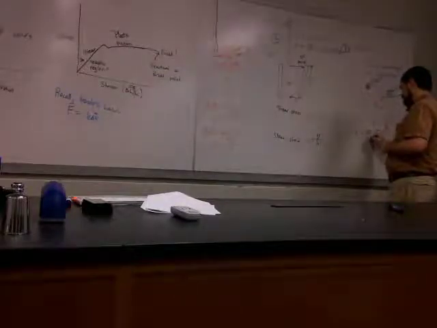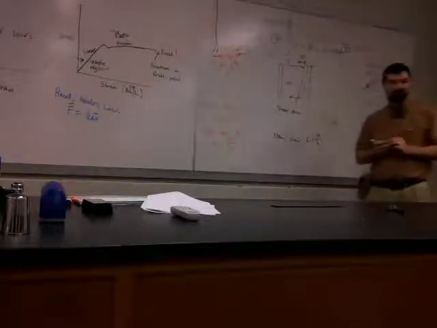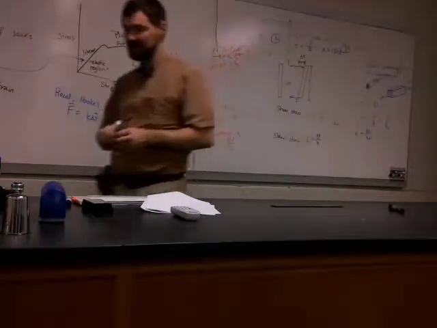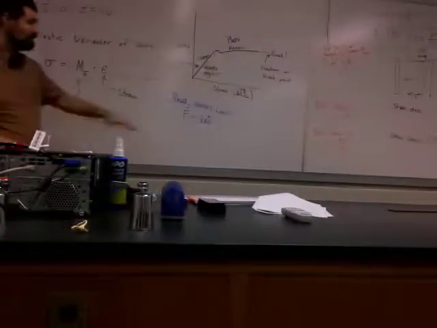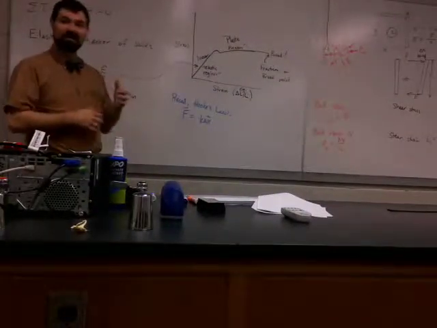The strain in this thing's case, I guess I never wrote it here, is delta L over L naught, where this length right here would be your L naught length. It changes by stretching out by some small amount or compressing by some amount. The Hooke's law spring, the same thing is happening.